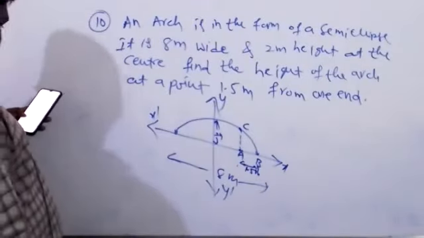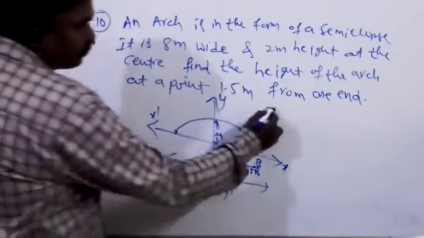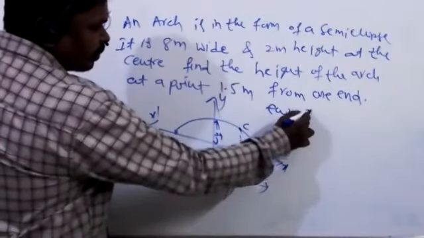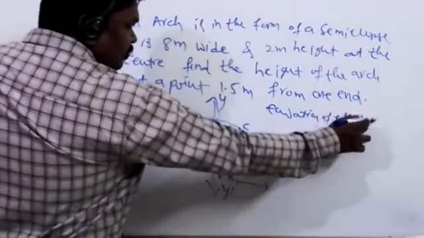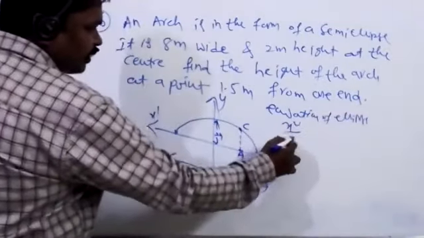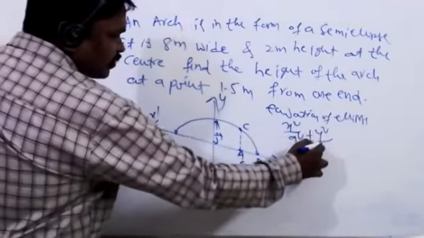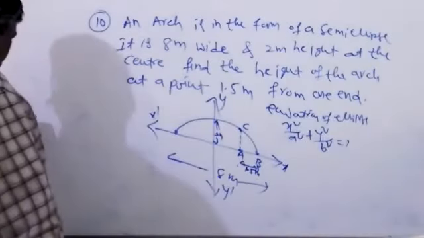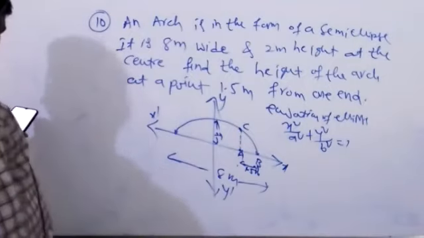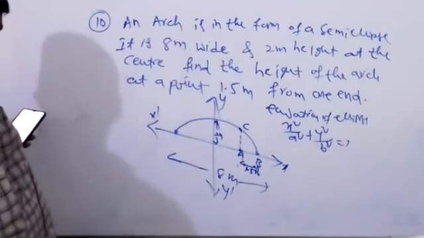Now equation of ellipse. Equation of ellipse x square by a square plus y square by b square is equal to 1. Semi ellipse.